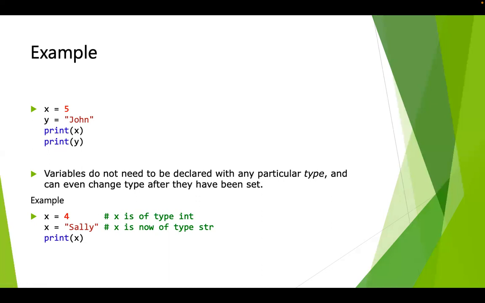Now, in this example, you have X equals 4 and X equals Sally. If you want to print your X, what would it print for you? 4 or Sally? You can type the answer in the meeting chat. Everyone go to the meeting chat and type your answer.